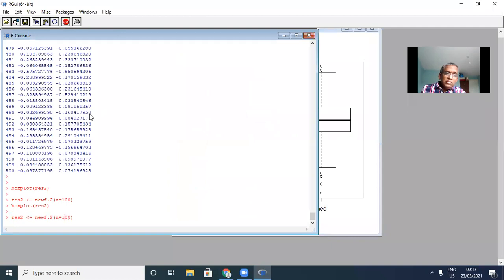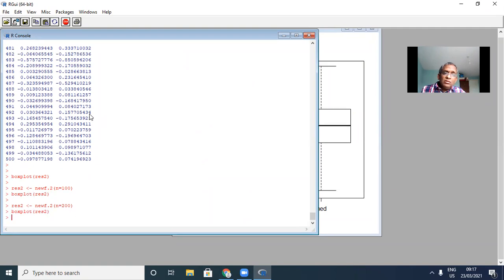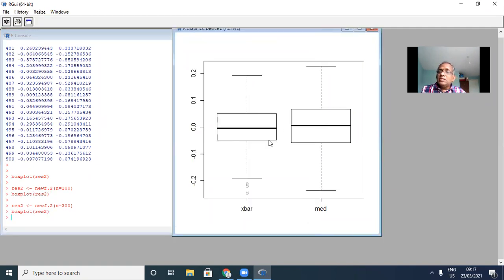Now let's take n to be 200, right? All right, now it's the same thing again. They are both symmetric, and again, the variability of the first box plot is slightly smaller compared to the variability of the second, right?